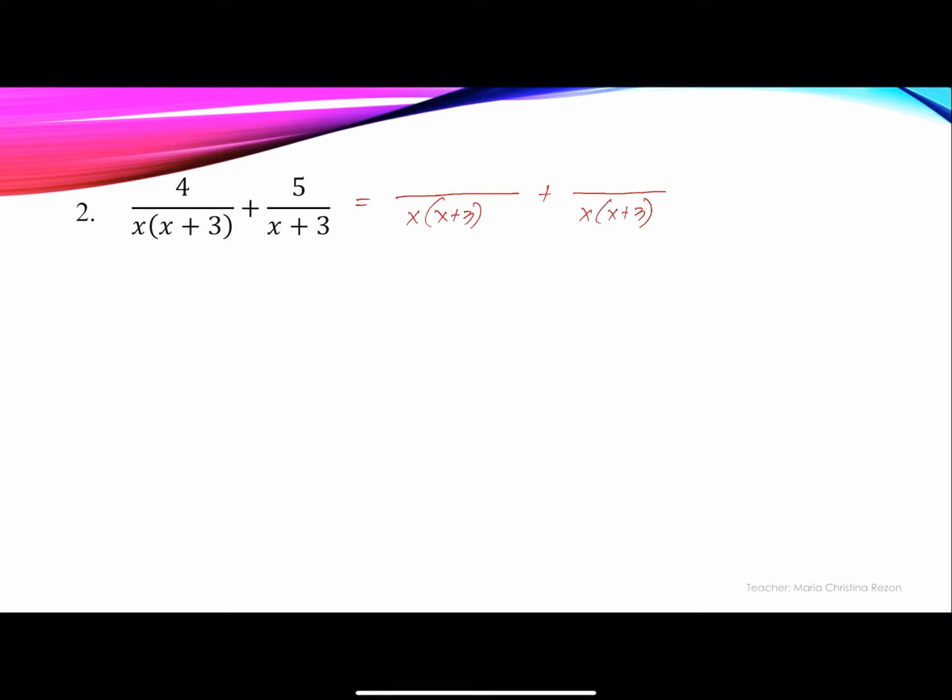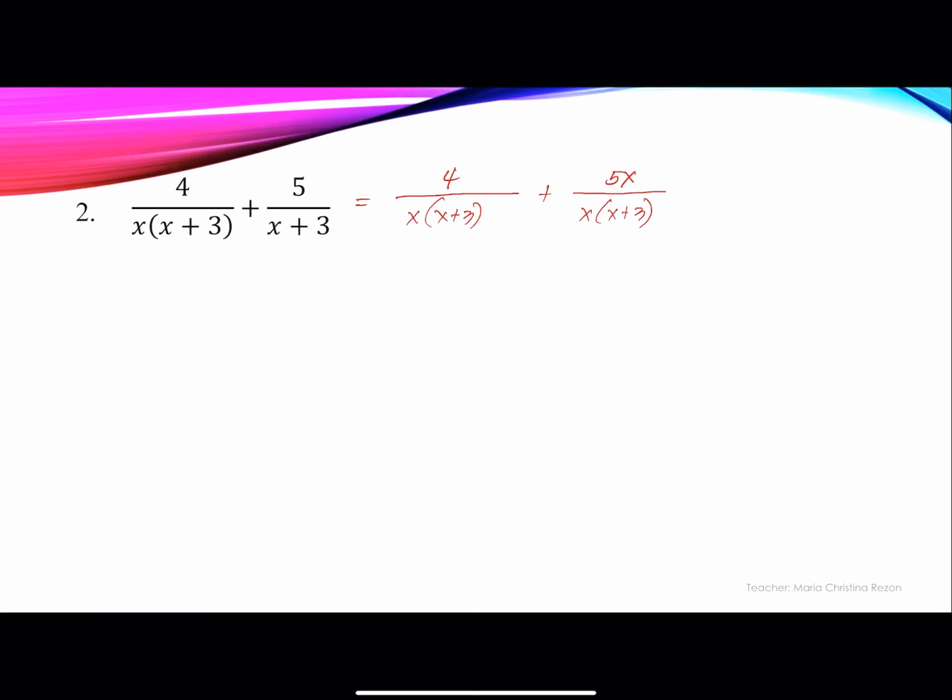Then for the first one here, 4 over x times x plus 3, that is just the same, so you have 4. And then you have x times x plus 3 divided by x plus 3, that gives you x times 5, so that is why you have 5x.